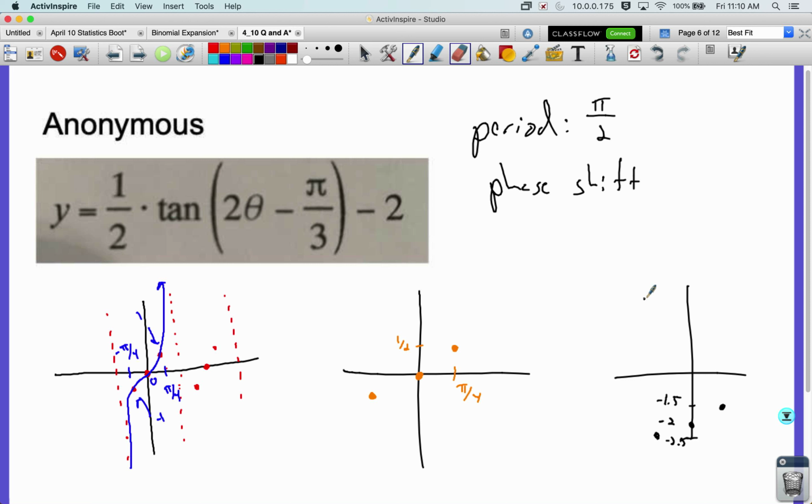So instead of cycling every pi, do I have these key points right? Let's see, yeah, because the next key point out is pi over 2 where we hit the vertical asymptote. So now everything's got to get compressed to pi over 8 and negative pi over 8.